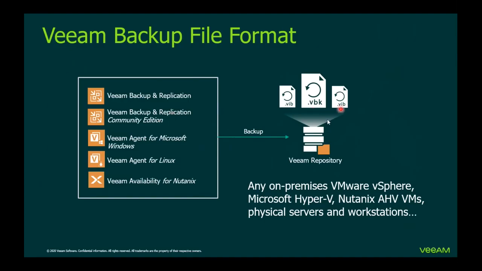So this file remains the same for each workload, and it can be restored on VMware vSphere, on Hyper-V, and as a bare metal recovery. So this is a portable format which can be restored anywhere.